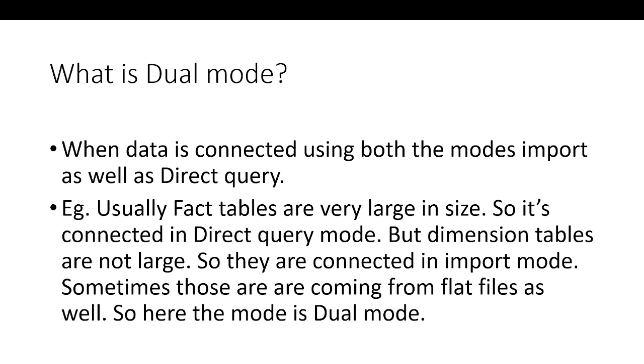So sometimes we connect fact tables in direct query mode, but dimension tables are not that large compared to fact tables, so dimension tables are connected in import mode. This type of situation is dual mode. Basically, some data is coming from flat files, connected as import mode, and some data is connected as direct query mode. This type of situation is known as dual mode.